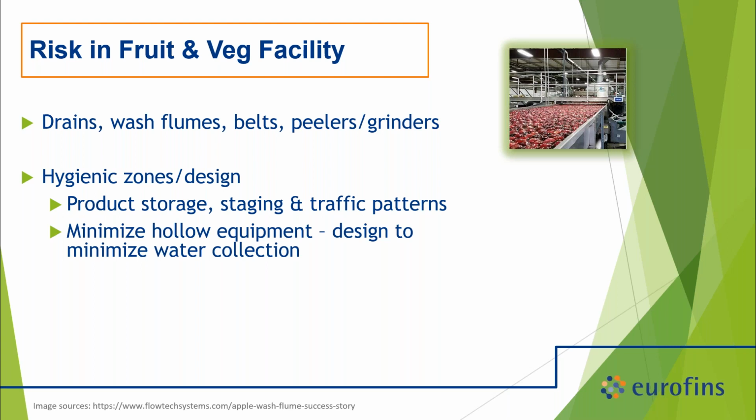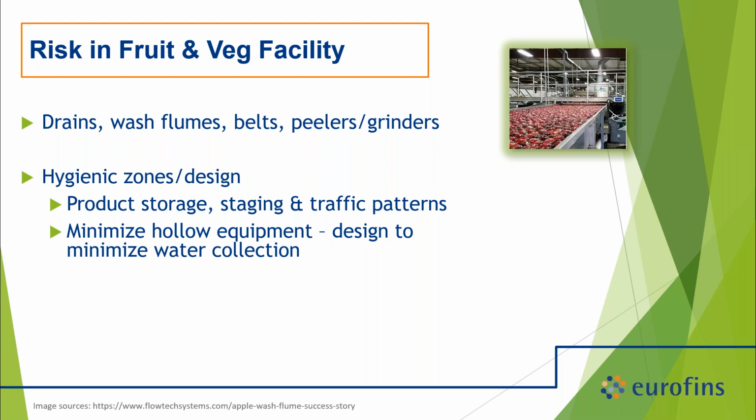There's a lot of equipment in produce processing plants, mainly because produce is often very irregularly shaped, and we have to come up with some pretty amazing engineering feats to process these into the value-add fresh cuts that we do, or the frozen industry. Because of the sheer size and weight of a lot of the equipment, we tend to use hollow equipment, and hollow equipment isn't always the best when it comes to microbial harborage, mainly because bacteria can get into the cracks and crevices.